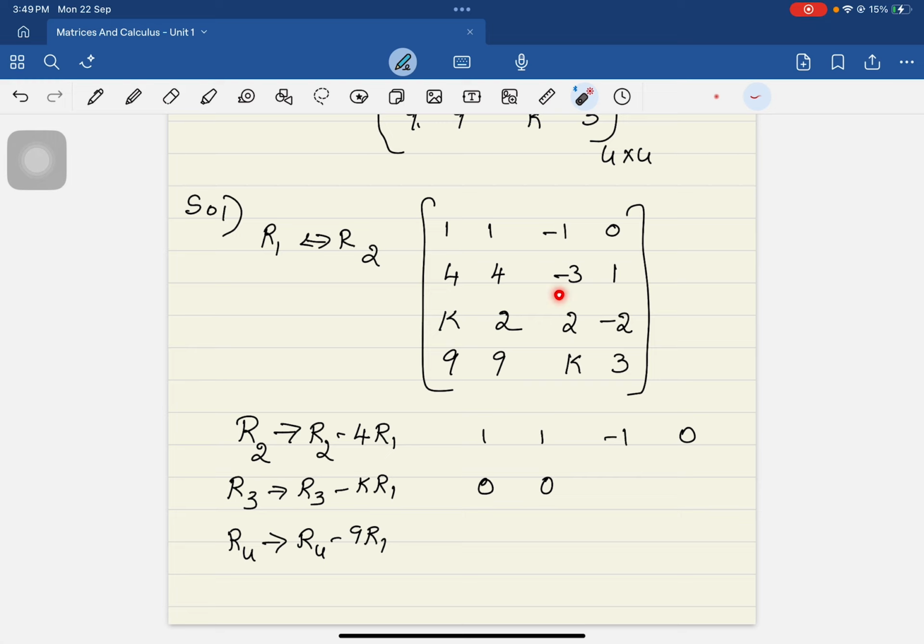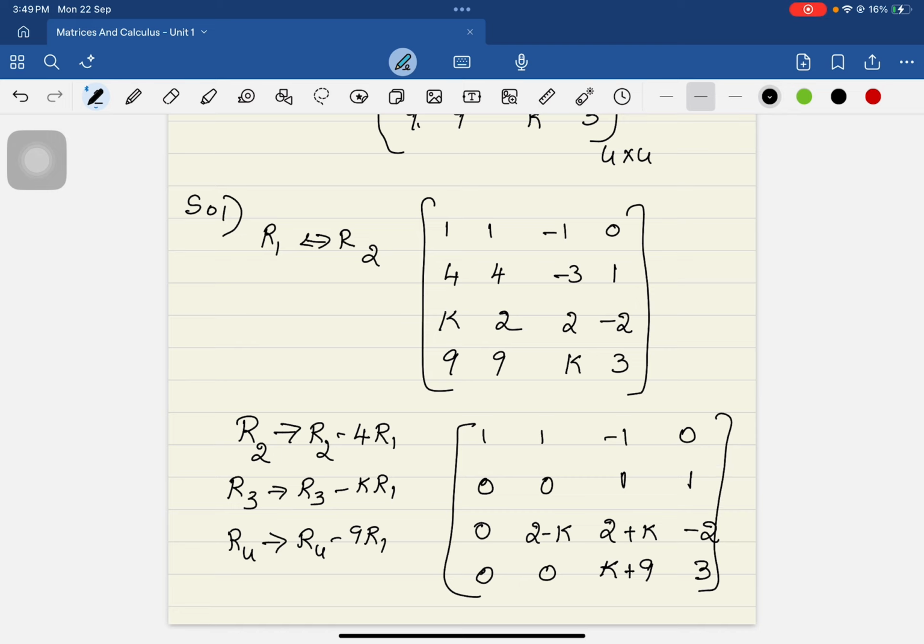Now minus 3 minus 4 into minus 1, that means minus 3 plus 4, that gives you 1. And then 1 minus 0 is 1. And then k minus k is 0. Now 2 minus k, and here it is 2 plus k, and here it is minus 2. And this is 9 minus 9, 0, 0, and this is k plus 9, 9 times of minus 1 with a negative sign, and this is 3. So this is the matrix we have changed.